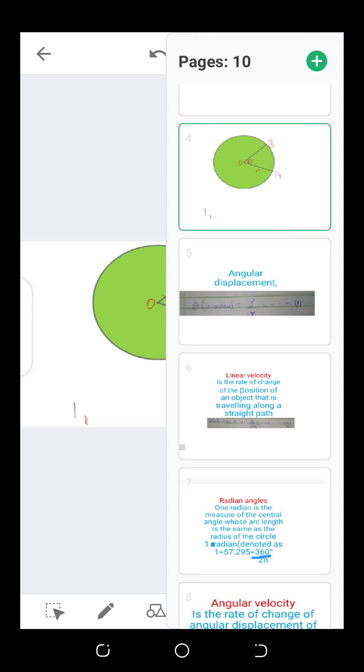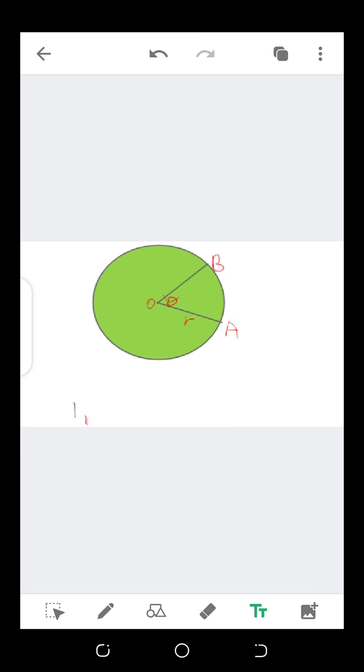Now, 360 over 2 pi is just 1 radian. In other words, for you to cover the whole of the circle, you would have covered 360 degrees. And then taking 360 over 2 pi to be 1 radian, then theta in radians is S over r.